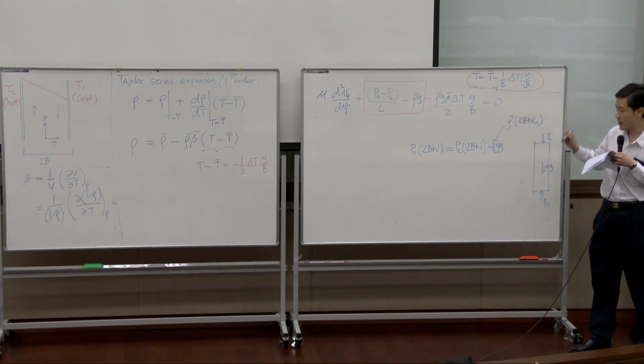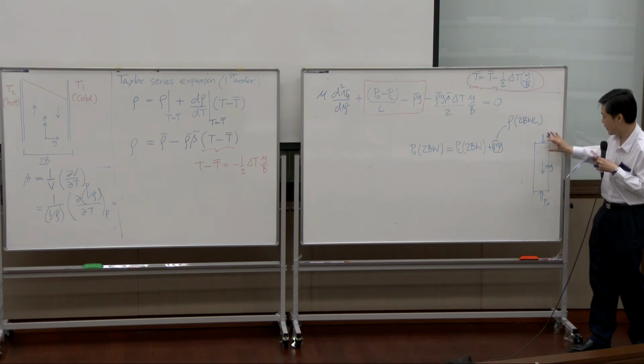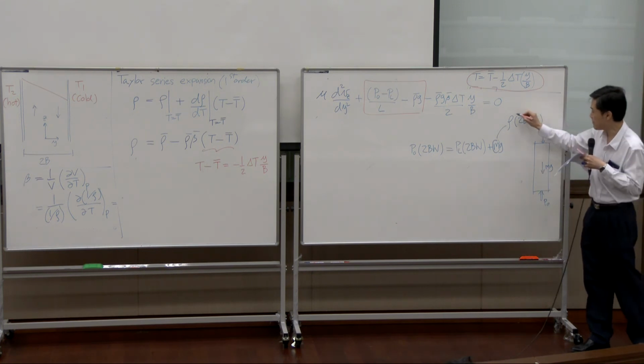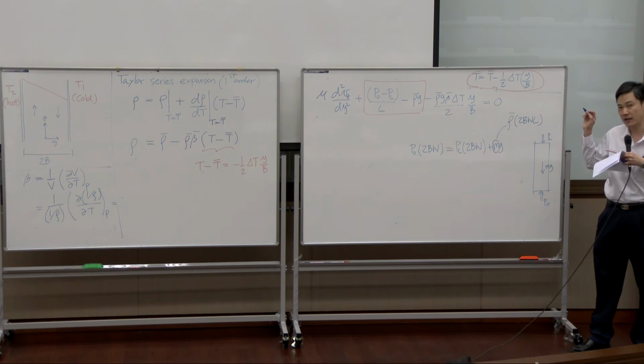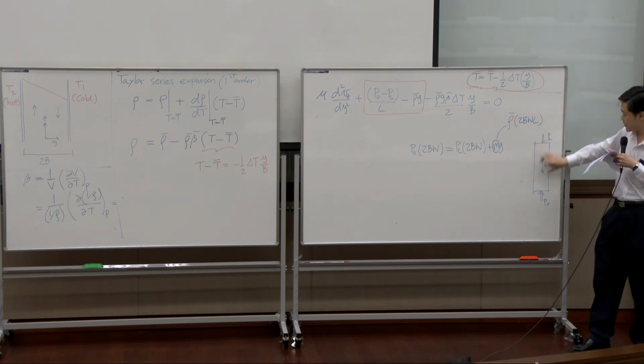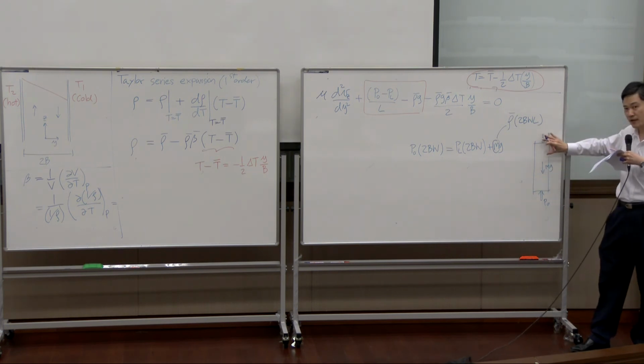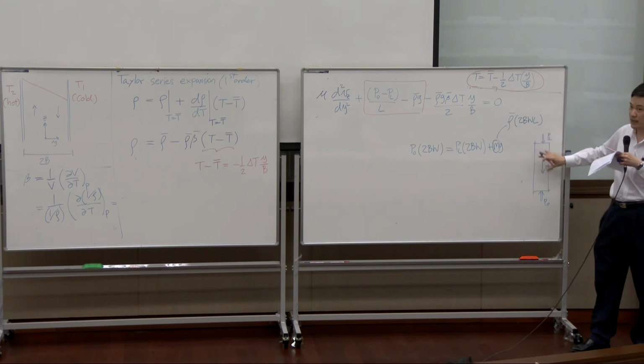But on average, we can say that the whole mass can be represented by average density, because it's high density down here, low density up there. So on average, they normalize each other.